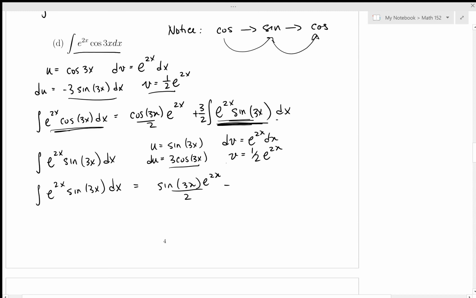There's v, and there's du. So that's minus 3/2 the integral of e to the 2x cosine 3x dx. Okay. One of the things is it looks like this is just going around and around in circles. This is actually what we started with, right? What we started with.